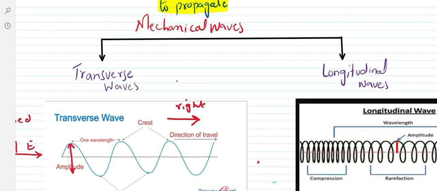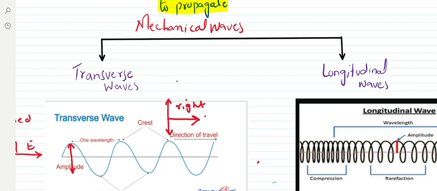That is the direction between the motion of wave and the direction of the particle of the medium through which this wave is moving. Its particles are moving perpendicular to the direction of motion of wave.